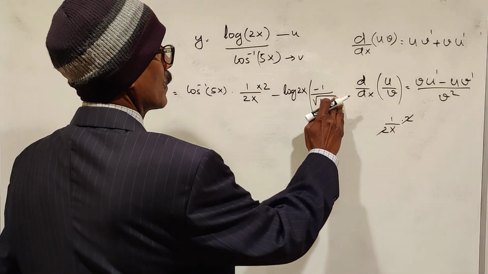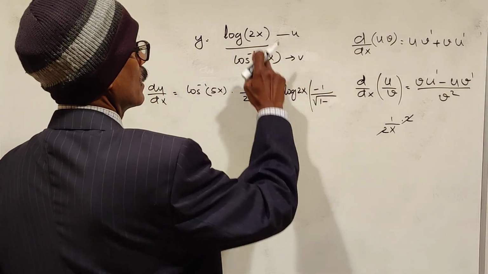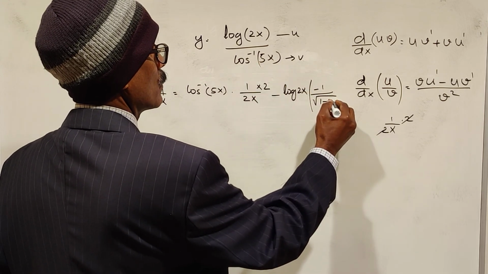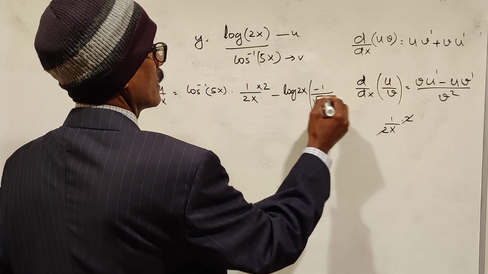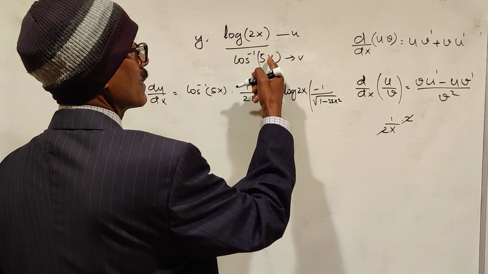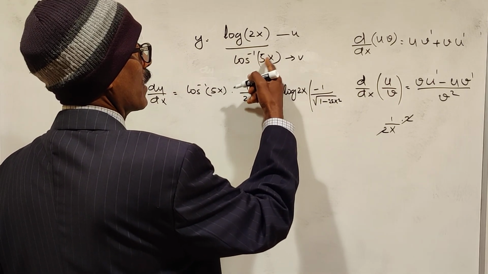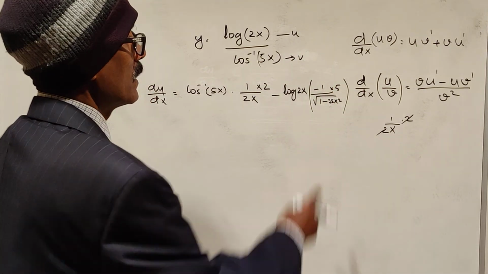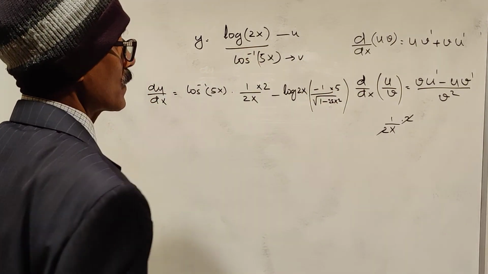Here not x, u square, that is 5x the whole square. What is the square of 5x? 25x square. Then derivative of u. What is the derivative of u? That is the derivative of 5x, which is 5. Close the bracket. See, this much is the derivative of cos inverse 5x.